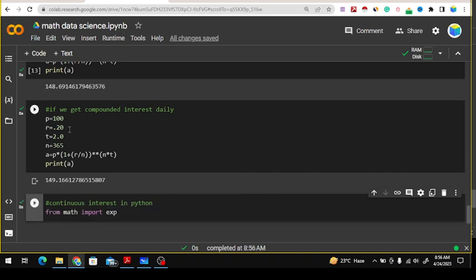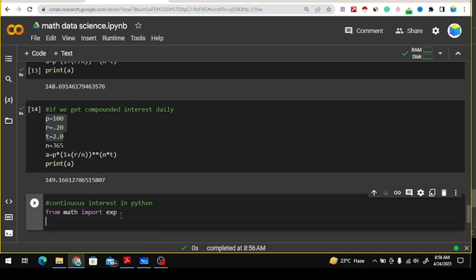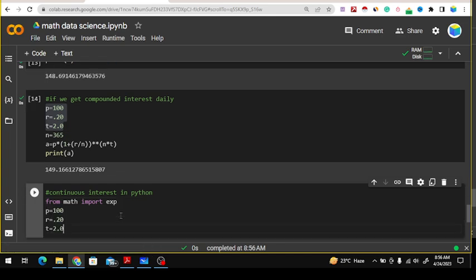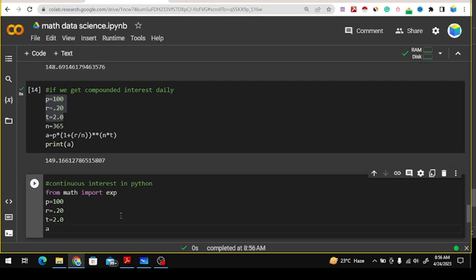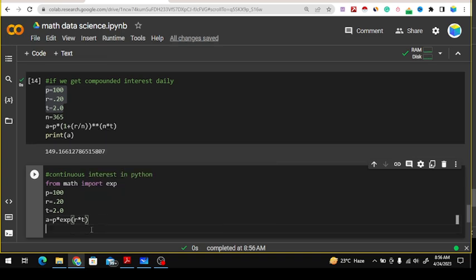And now you write P, r and t, similar to before, and A should be equal to P times exp(rt), and print here.